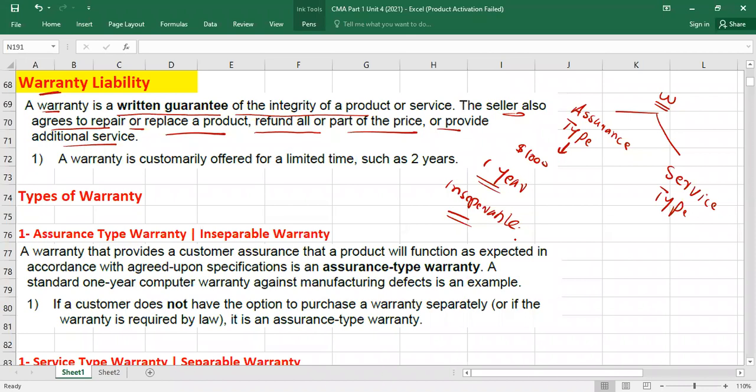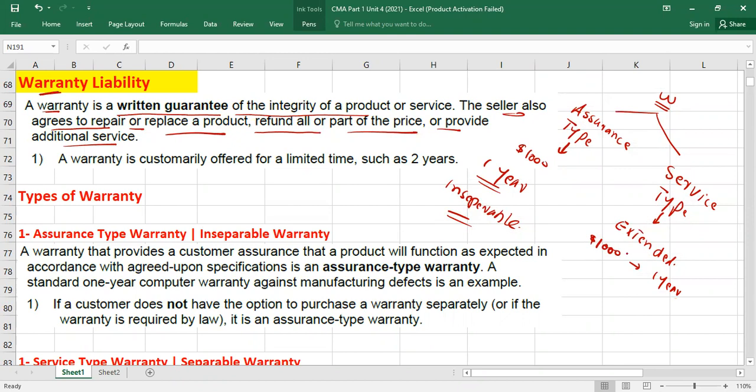But what is the service type warranty? Service type warranty, you can also call extended warranty. I'm giving you an example from your normal life. Let's assume you are going to buy a mobile. Price is $1,000, and in this $1,000, 1 year warranty is included. This 1 year warranty is assurance type. But the seller is giving you an option.